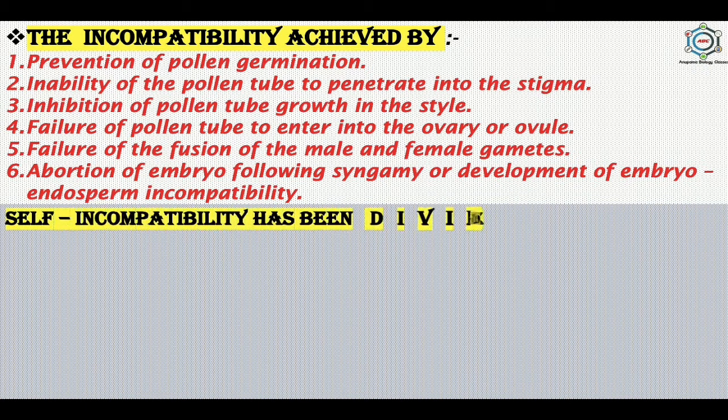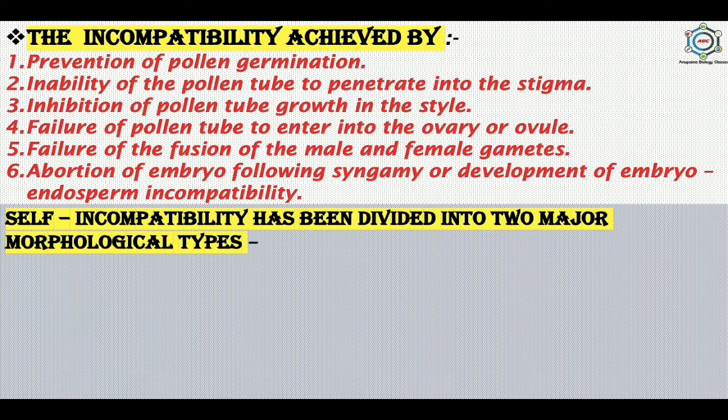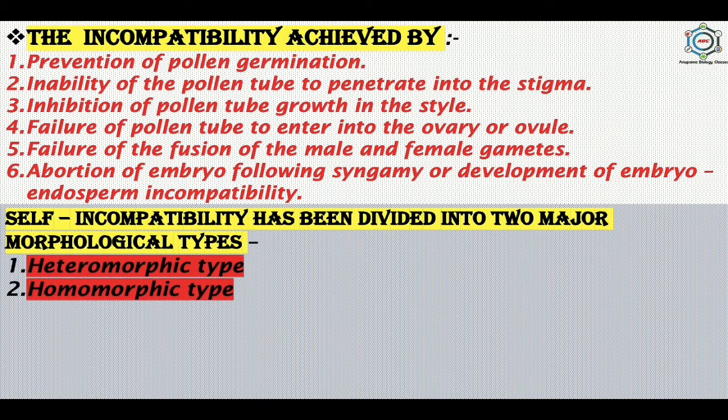Now, self-incompatibility has been divided into two major morphological types: the heteromorphic type and the homomorphic type. So, what are heteromorphic and homomorphic?